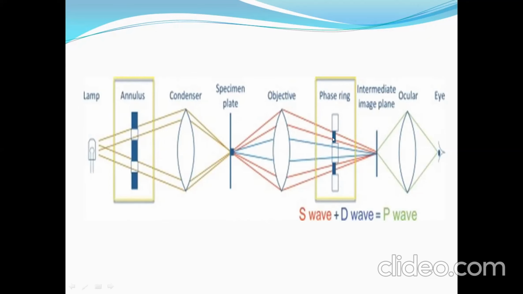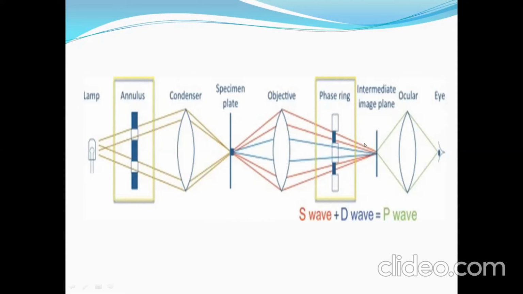Clear? So when the light rays first started, they were in phase, and after reaching here, they are out of phase. They may be fully out of phase, with a phase difference of half a wavelength, or they may be retarded by a quarter wavelength, or slightly out of phase. So a certain phase difference is created in these light waves after passing through the specimen, as well as after passing through the phase ring in the phase plate.